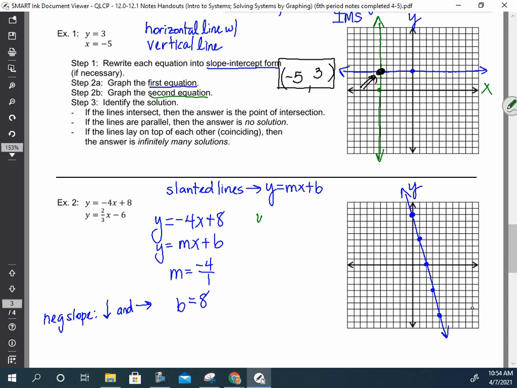So go to the second equation. 2 over 3x minus 6. Again, it's already in slope-intercept form. We can pull it right out of the equation. Same rules apply. Go to the y-axis, put a dot on -6.